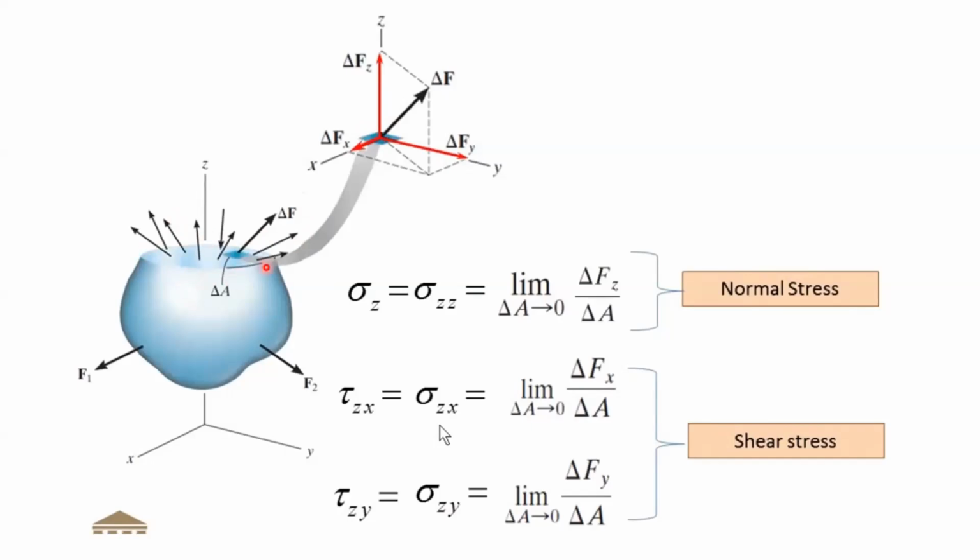So here is the Z plane, which is perpendicular to the Z axis, and this Fz is acting perpendicular to that area, perpendicular to the Z plane, and this blue color indicates the area on which this force is acting. While if you consider delta Fx and delta Fy, they are acting in the same plane, in the same area under consideration.